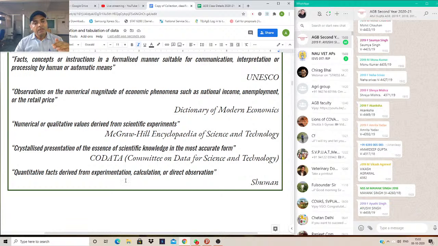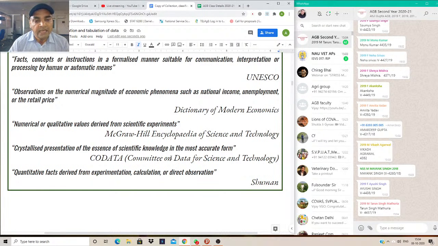According to the Committee on Data for Science and Technology, it is the crystallized presentation of the essence of scientific knowledge in the most accurate form. So different definitions have tried to define data in context to the areas in which it is used.